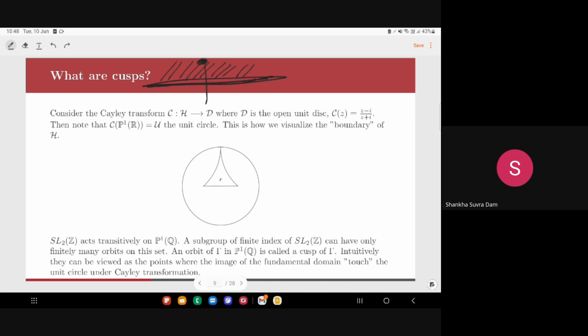So while we are mapping this fundamental domain over here by the Cayley transform C, this is the figure we get, where the point at infinity would map to the point in here where it touches the boundary of the circle.